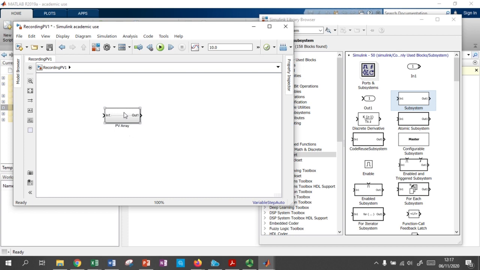Normally in the subsystem we have one module like this one. We have one array, we have one PV module. In this PV module we have some inputs.